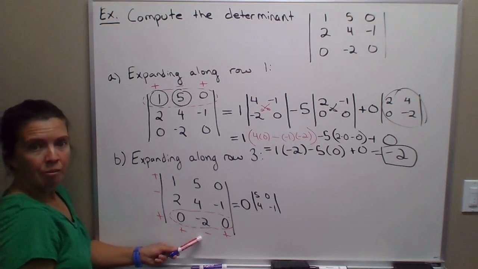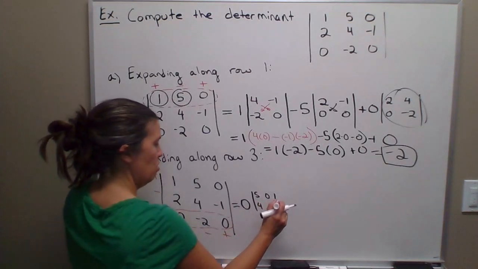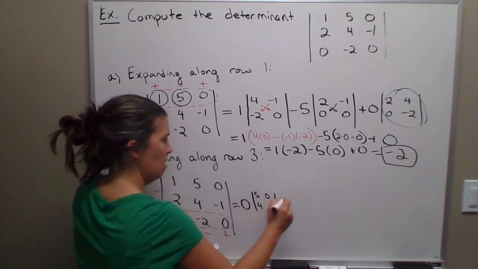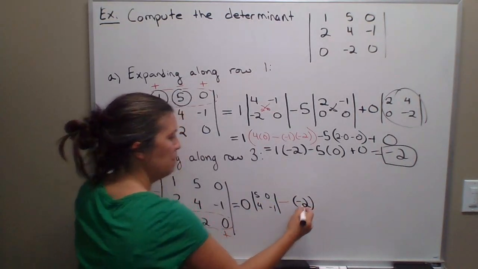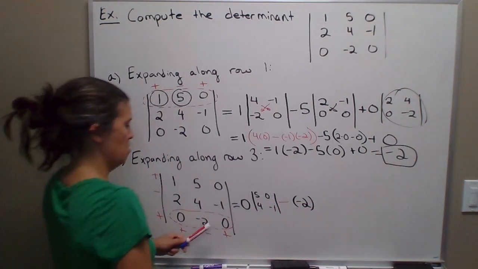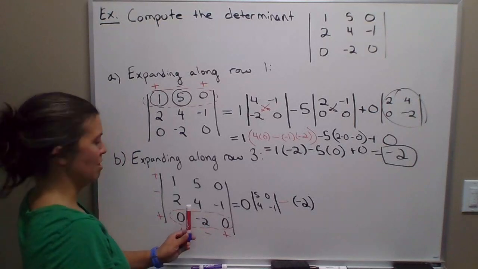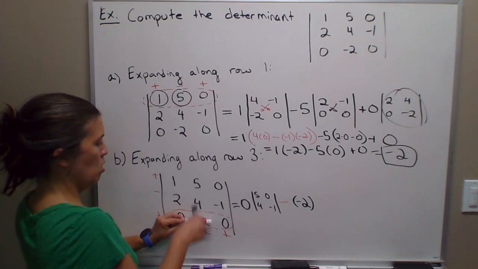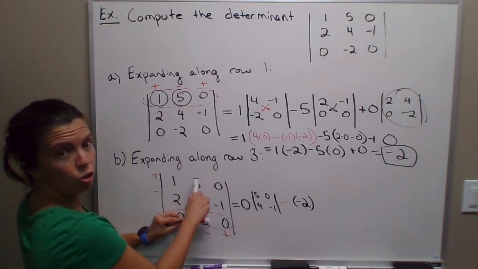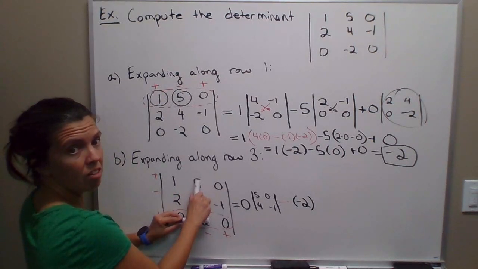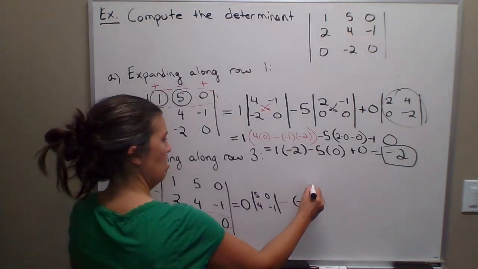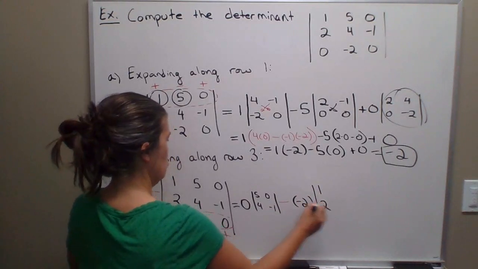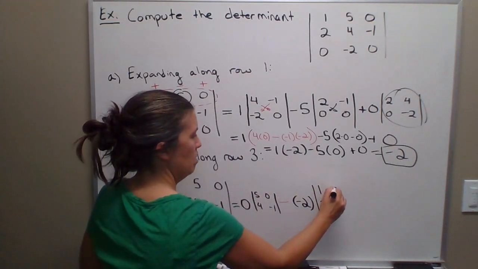And then we have minus -2, it'd probably be a good idea to just call that plus 2, but I'm showing all my steps here. Delete the row and the column that negative 2 belongs to, and so we have this submatrix: 1, 2, 0, negative 1.